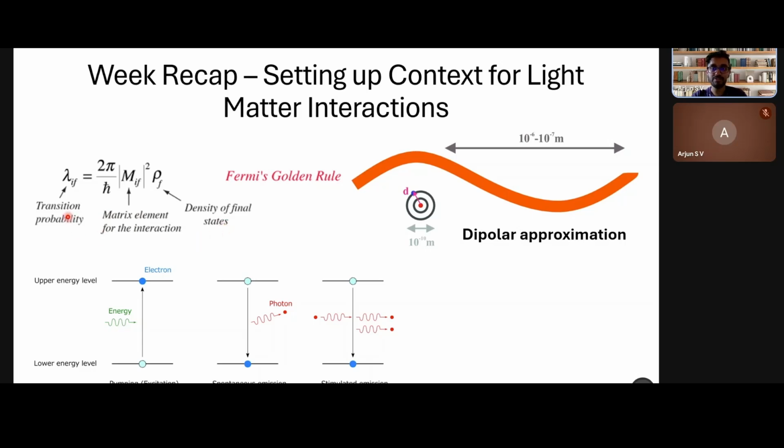In the process of calculating Fermi's golden rule, we also came across a lot of coefficients and derivations, where we saw factors like B_kg or B_gk, which are tied to the molecular transition matrix elements for absorption as well as stimulated emission. And we also saw a key parameter called A_kg, which is the molecular rate constant for spontaneous emission.